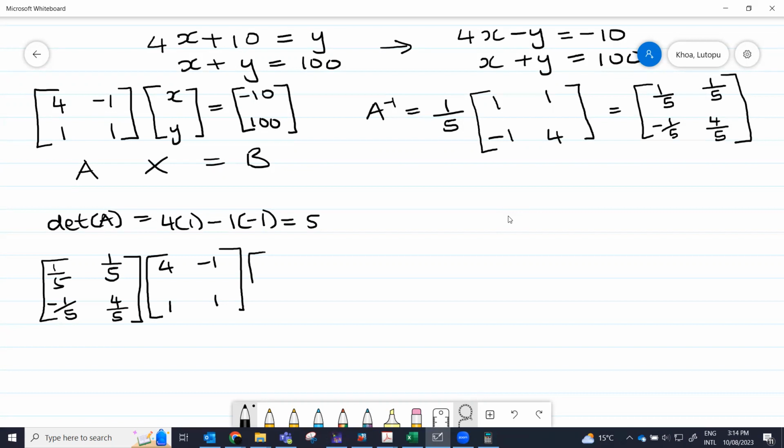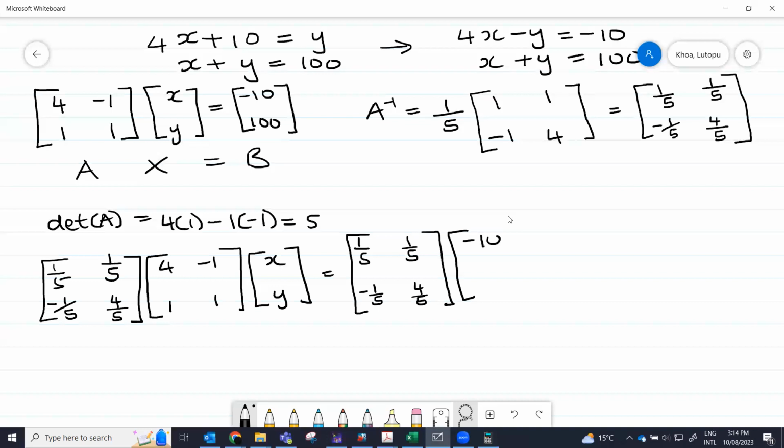So you have the inverse matrix first, sorry, you need to put your inverse matrix first: 1 over 5, 1 over 5, minus 1 over 5, 4 over 5, and then this one now, minus 10 and 100.